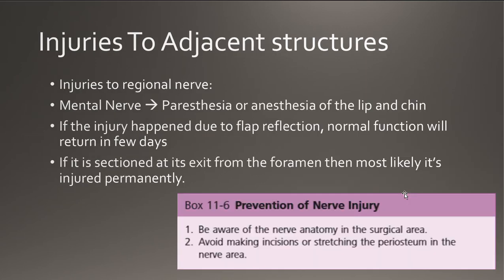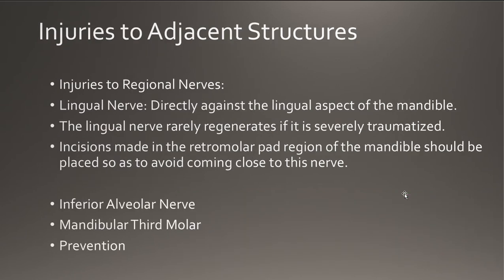Now, sometimes the mental nerve can be injured, causing paresthesia or anesthesia of the lip and the chin, usually during the flap retraction. Now, the lingual nerve can be injured and can cause tongue paresthesia. The ID nerve with the third molars, as we all know.